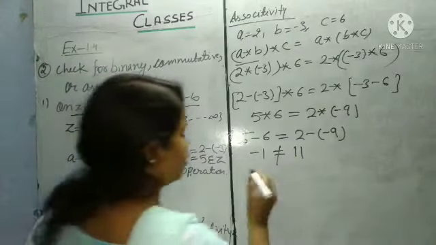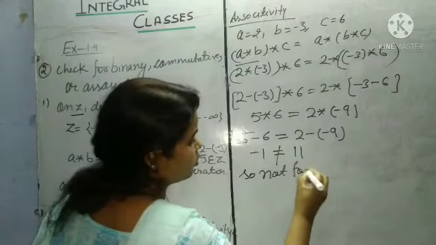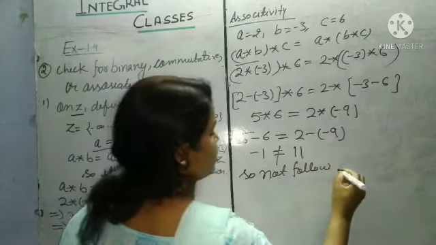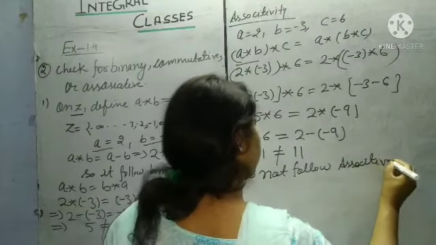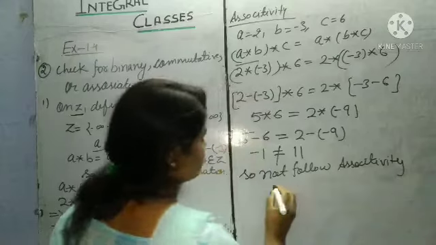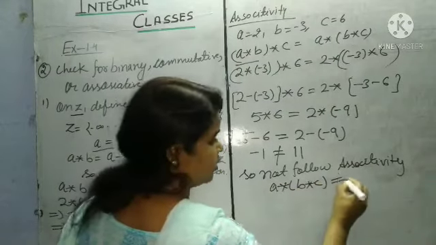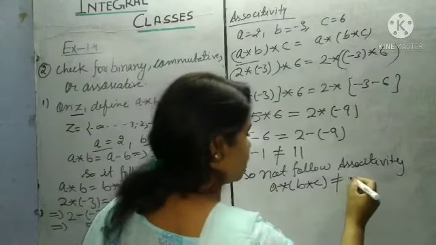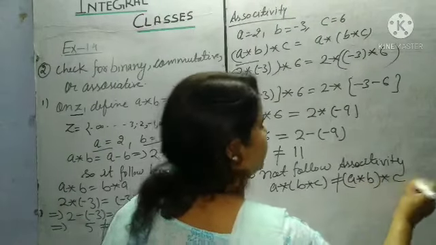So it does not follow associativity. It means A star B star C is not equal to A star B star C.